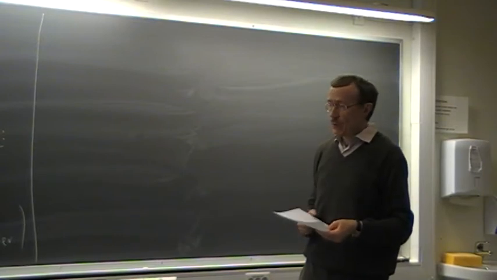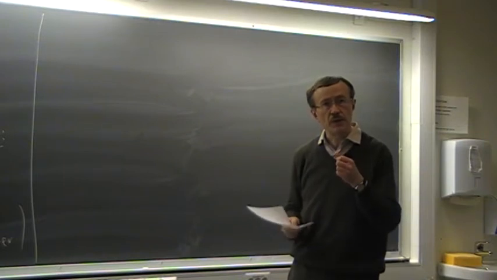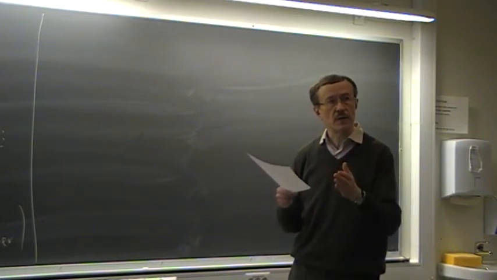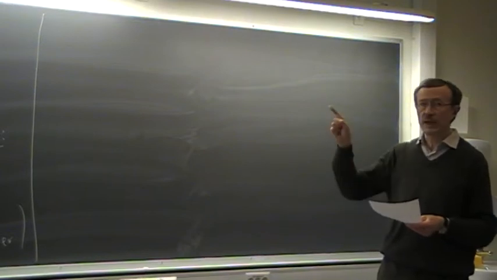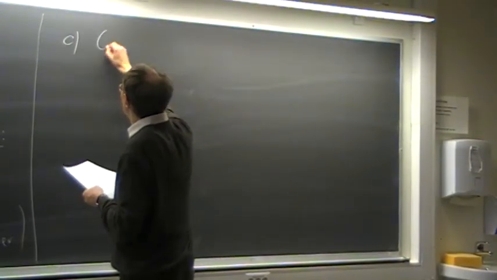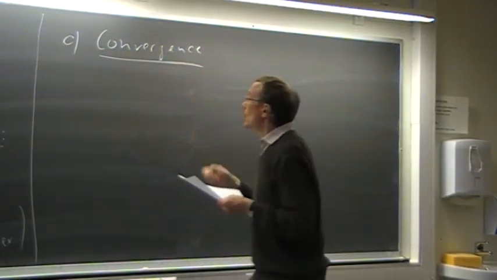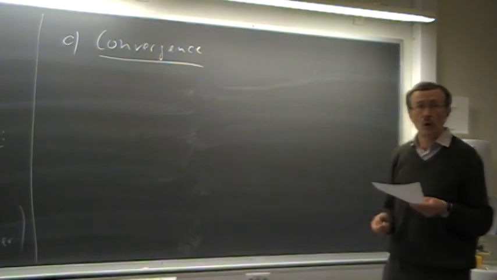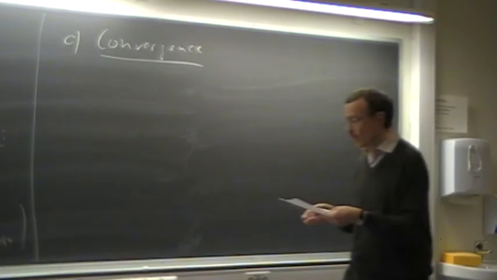And consistency was that the PDE is approximated by the finite difference method as we refine the grid spacing delta x and the time step delta t. But what we want is that our numerical solution, u_j^n, approximates the exact solution of the PDE. And that is what we call convergence. So that is the third key concept in the numerical analysis of finite difference methods: consistency, stability, and convergence.